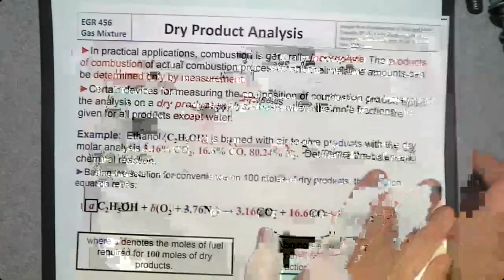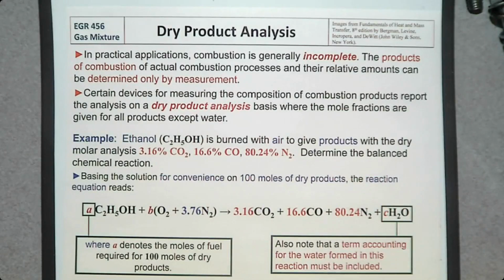Then before we actually solve a problem together to determine the balanced reaction equation, one thing you need to know more is, when we actually perform an experiment, how can we determine the balanced reaction equation for that experiment? We use something called dry product analysis. It's a mass spectrometer. You can analyze how much of each gas component is in the product.